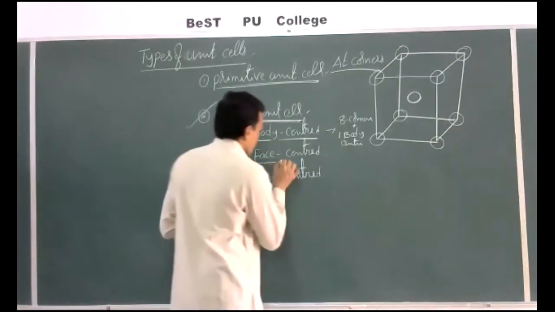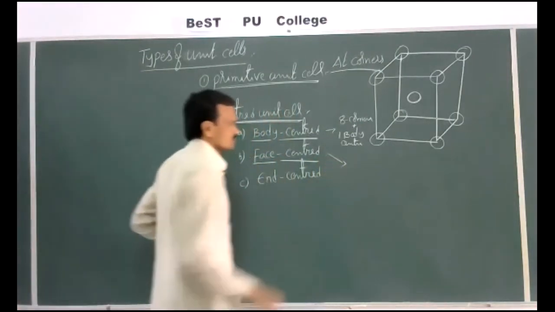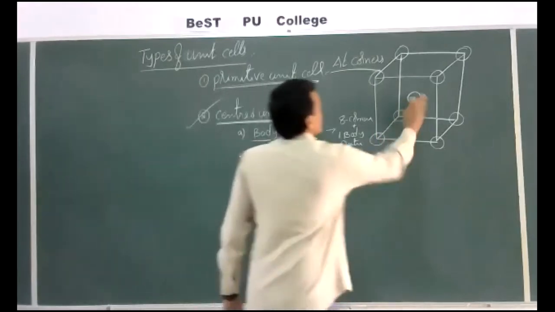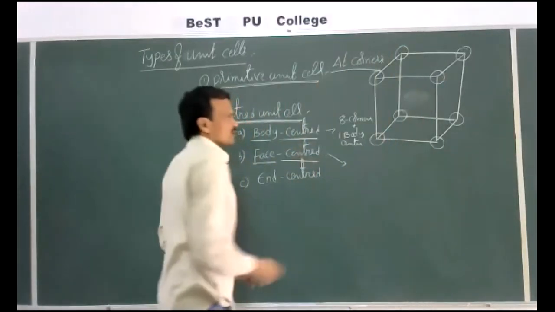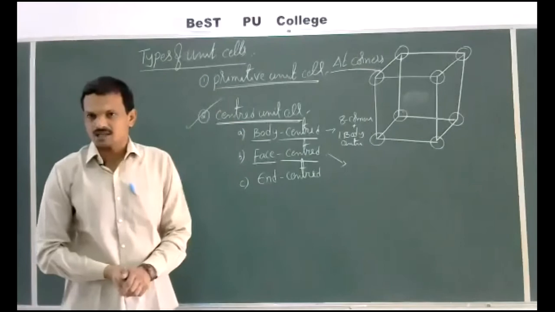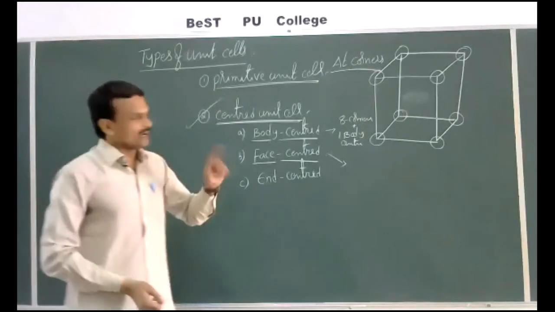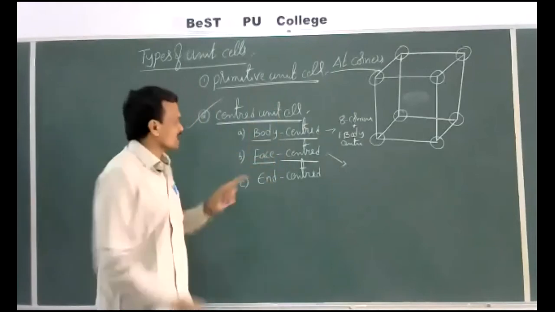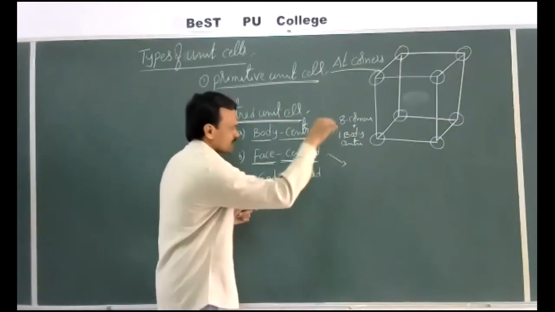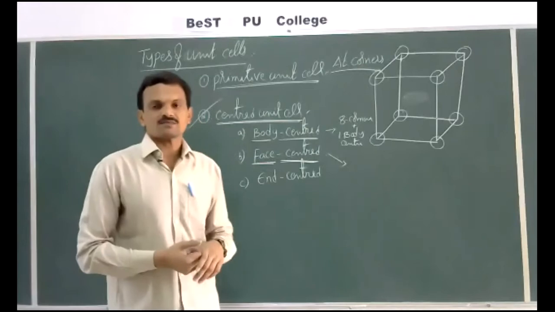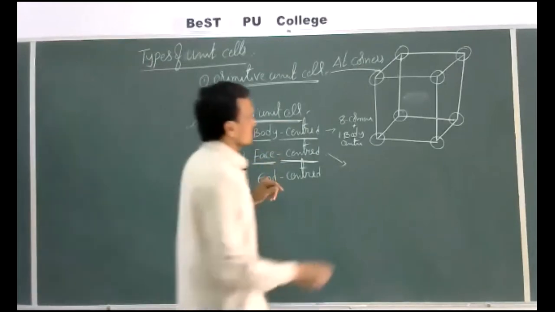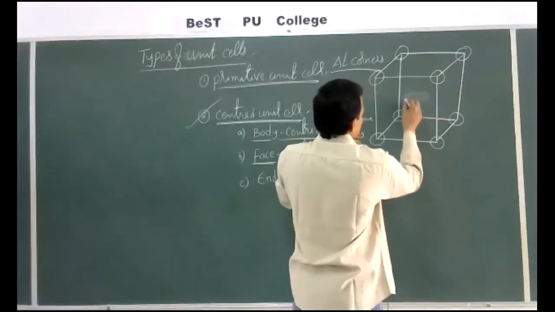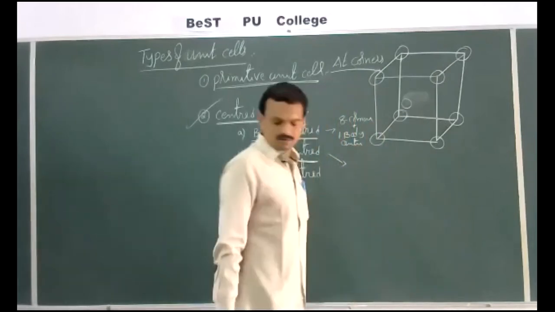Next, face centered unit cell. Let us see. This is the primitive unit cell. At 8 corners, 8 particles are there. Now, in addition to these 8 particles, the particles are present at the face centers. As I told you, there are 6 faces for a cubic system. Now see here, this is the front face, this is the center of the front face.